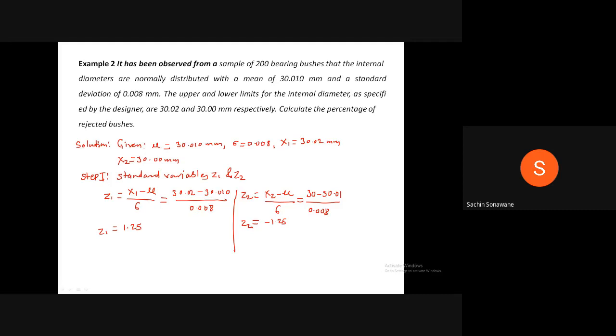Now we'll find out area of normal curve between plus 1.25 and minus 1.25. Therefore, please write down this. I will wait.